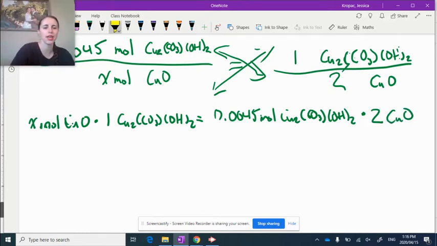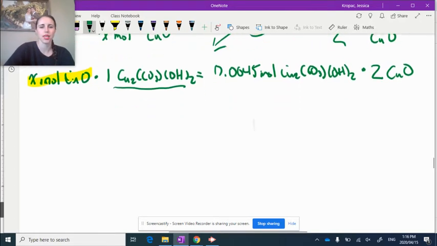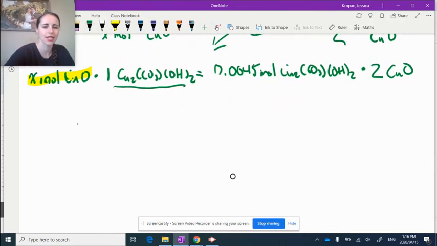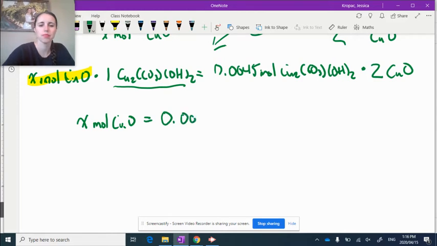I then want to go ahead and get this X by itself. To get an X by itself, I need to take this value here and move it to the other side. In order to move it to the other side, I need to divide. So I leave my numerator the same. I don't touch that.